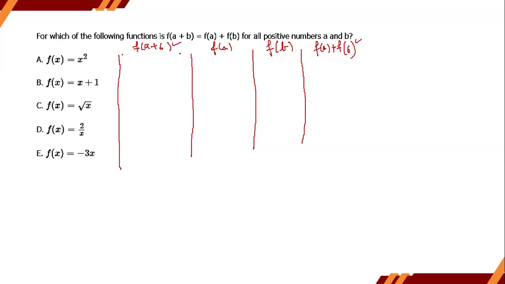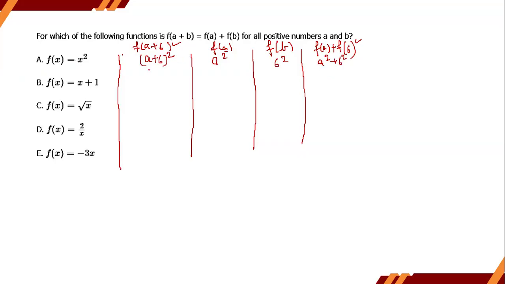Let's do that. So here x is to be replaced by a plus b. So this is (a plus b) whole square. Here x is to be replaced by a, so that is a square. This is to be replaced by b, so b square, right? So this gives us f of a plus f of b as a square plus b square.